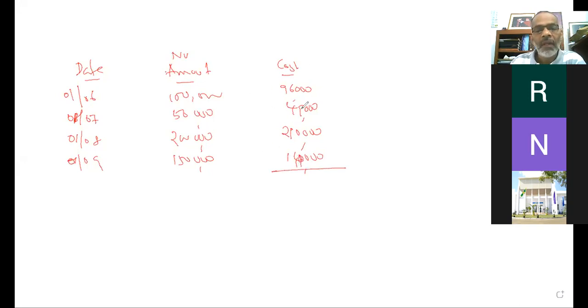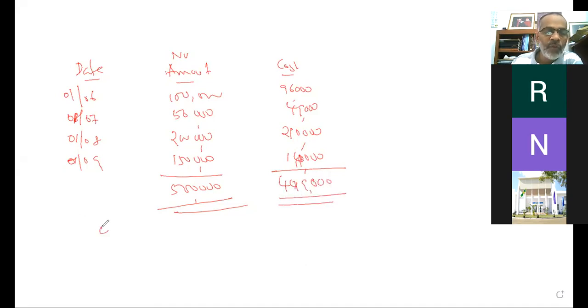Look at the nominal, 150, 200, 500,000 is the nominal value. We have to find out the total cost: 96, 49, 210, and 144. 499,000 is the total.